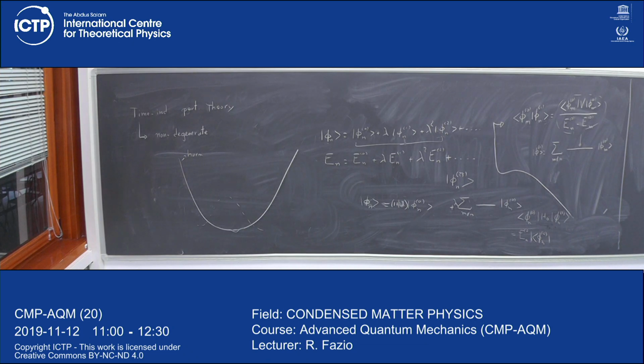Now, let's try first to answer the first question. Is the energy modified or not? Yes. In general, it will be modified. And if you want to determine what the change is, then in first approximation, essentially you take the old solution of the string and compute the average energy using this as an approximation.